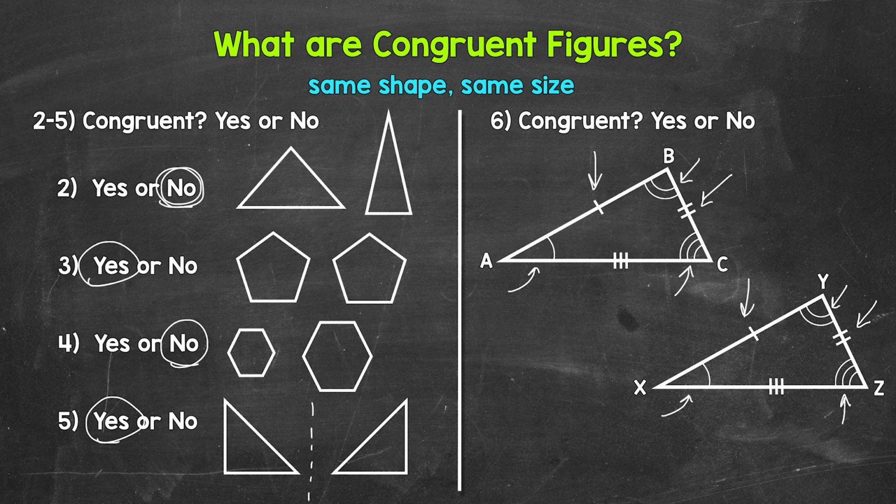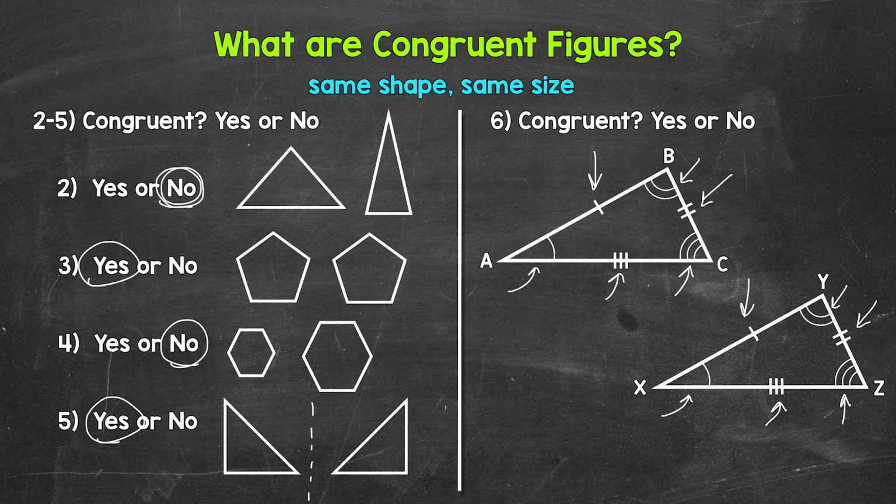Those two tick marks on each of those side lengths tells us that those side lengths are congruent. They have the same length. And then lastly, we have three tick marks on side length AC and three tick marks on side length XZ. Those three tick marks on each tells us that those sides are congruent. They have the same length.